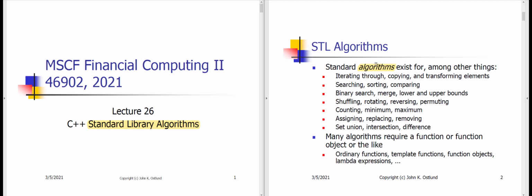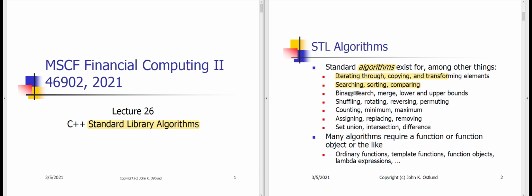All right, so altogether there are over 80 standard algorithms, and these range from being able to do simple things like looping through and copying and transforming elements in a container such as a vector. We can also do more complicated things like searching, sorting, comparing within vectors or comparing one vector to another.